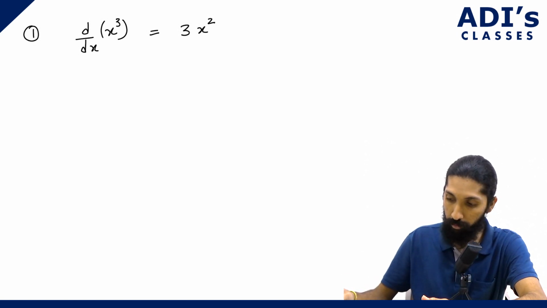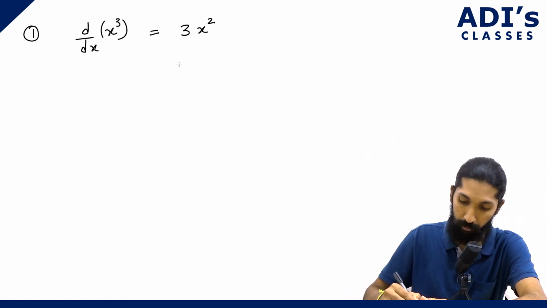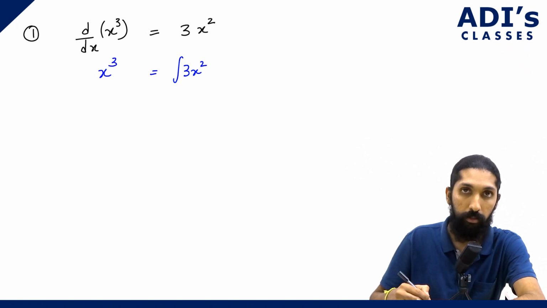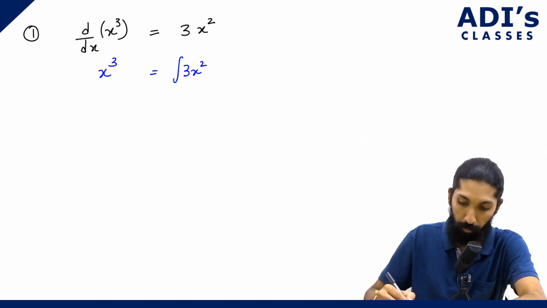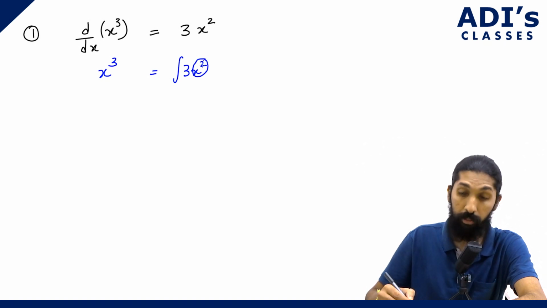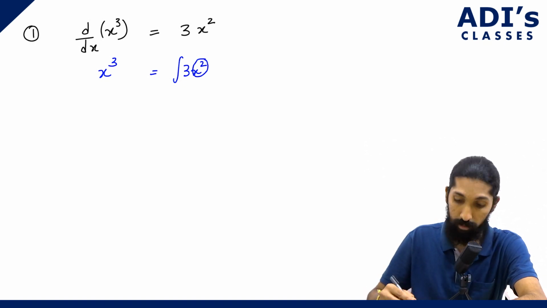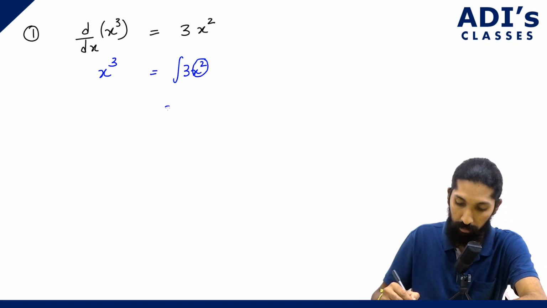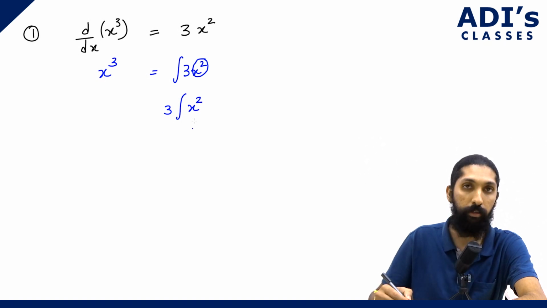So now what do we do? We are going to take the integration of 3x square, and this is going to give us x cube, correct? So the most important point is this x square part. See, 3 is a number, so let's keep the 3 outside and take x square.